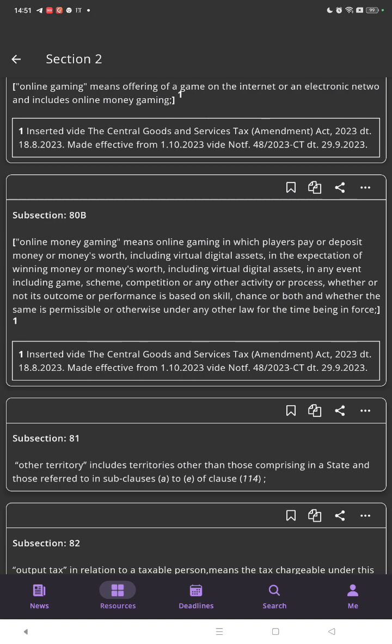Online money gaming means online gaming in which the player pays or deposits money or money's worth, including virtual digital assets, in expectation of winning money or money's worth, including virtual digital assets, in any event, including games, schemes, competition, or any other activity or process, whether or not its outcome or performance is based on skill, chance, or both, and whether the same is permissible or otherwise under any other law for the time being in force.